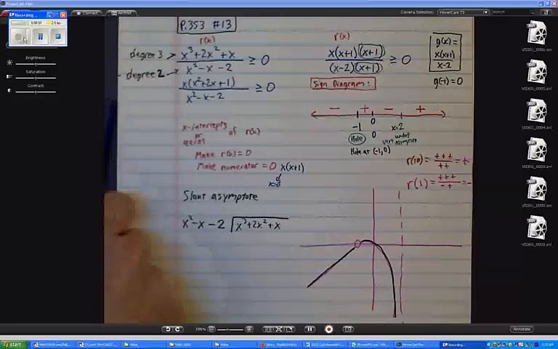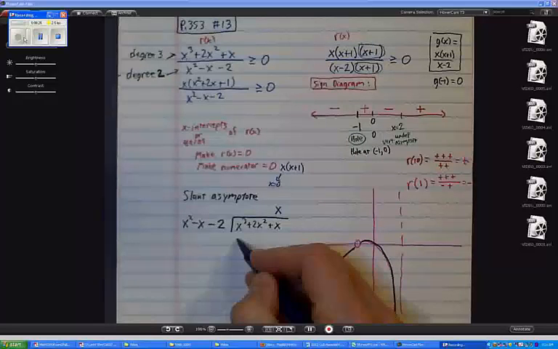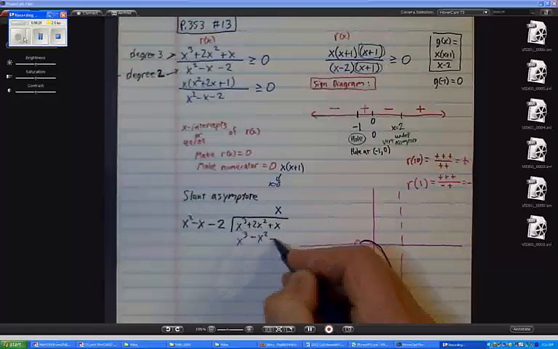What times x squared is x cubed? X. After I write that down, what do I do next? You multiply. Sure. X times all this stuff, I get x cubed minus x squared minus 2x. Next step.